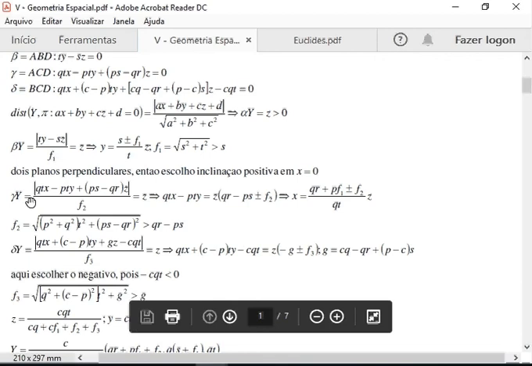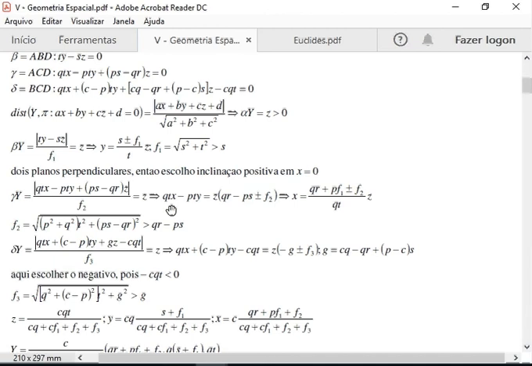So this distance equals Z, which implies that we're going to isolate X. QTX minus PTY is equal to Z multiplied by (PS minus QR), and we pass F2Z, so plus or minus F2, therefore we isolate X, not Z. X is (QR minus PF1 plus or minus F2) over Q2 times Z.